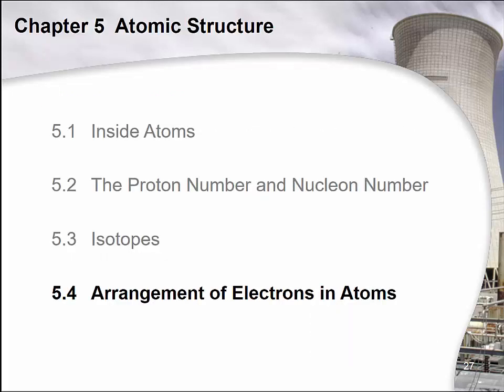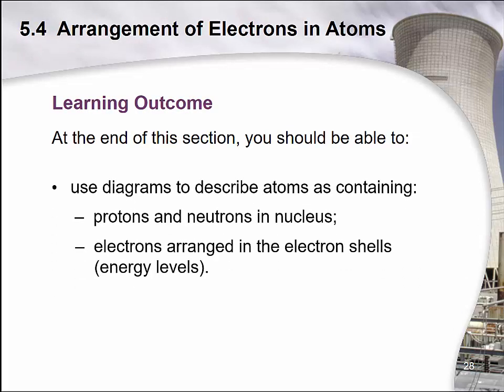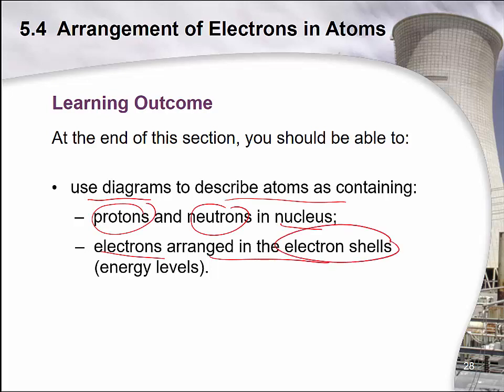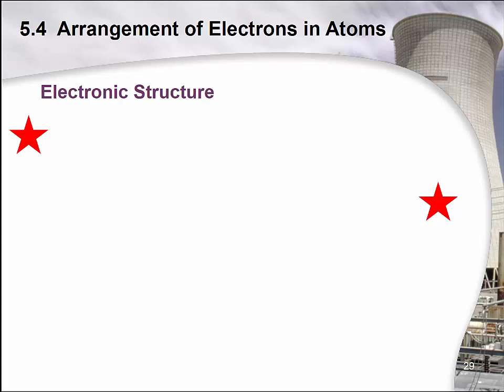Now, arrangement of electrons in atoms in section 5.4. You will learn how to use diagrams to describe atoms containing protons and neutrons in the nucleus, as well as electrons arranged in the electron shells. They're outside the nucleus. As we mentioned earlier, their energy levels actually. The electron shells are actually imaginary paths where electrons move, and these are different energy levels where you can find the electrons.